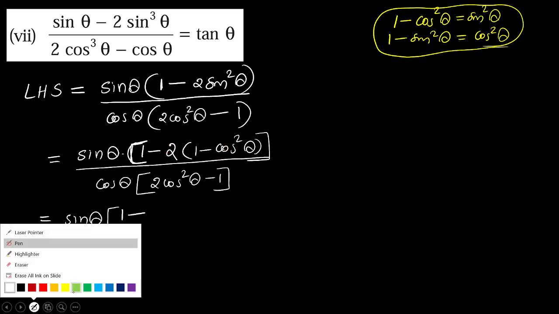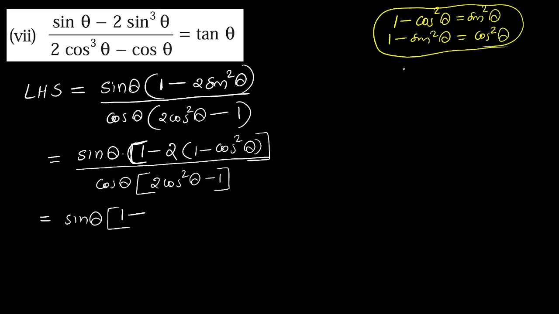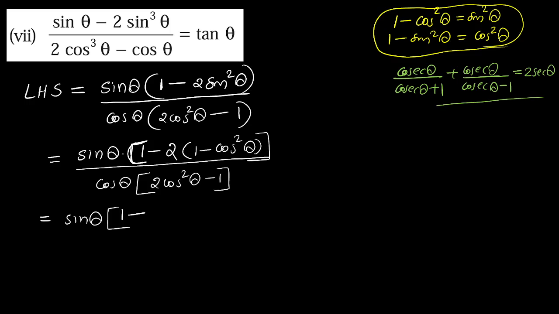Samruddhi, I will give you one question: cosec theta by (cosec theta plus 1) plus cosec theta by (cosec theta minus 1). Show that it is equal to 2 sec theta. One minute.